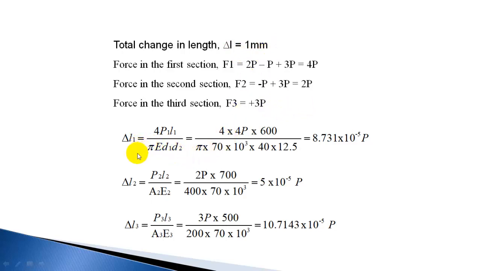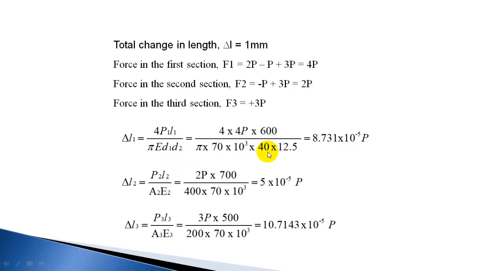So you can separately find delta L1. Since the first portion is a uniformly tapered portion, you have to use 4PL divided by pi E d1 d2. F1 is the force in the first section, which is 4P, the length is 600 and Young's modulus is 70 into 10 raised to 3.